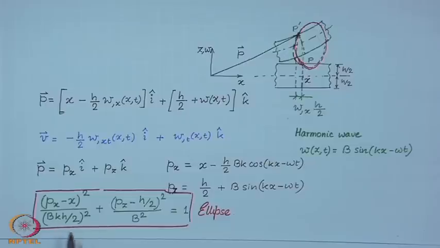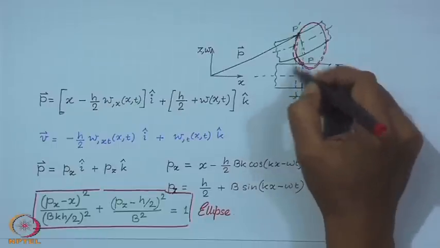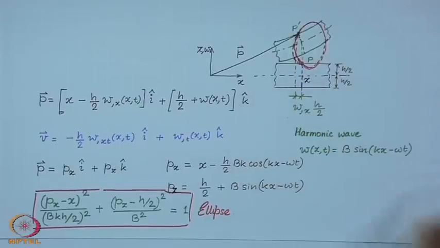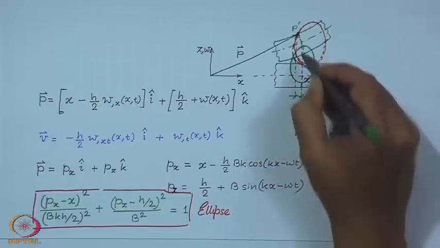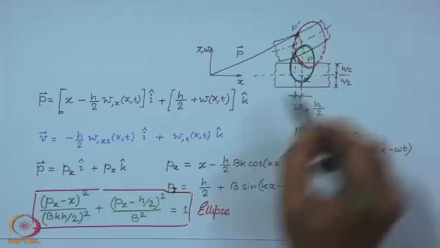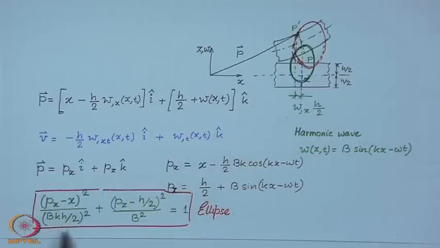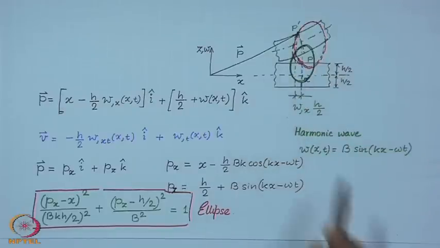The center of the ellipse is at x and h by 2, and you can find out its semi major and semi minor axes. So, the point traces an elliptic path centered at x and h by 2.